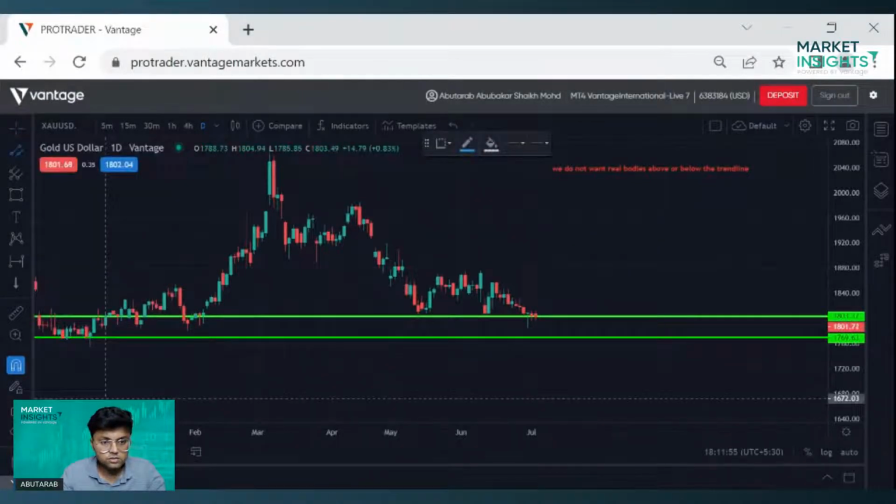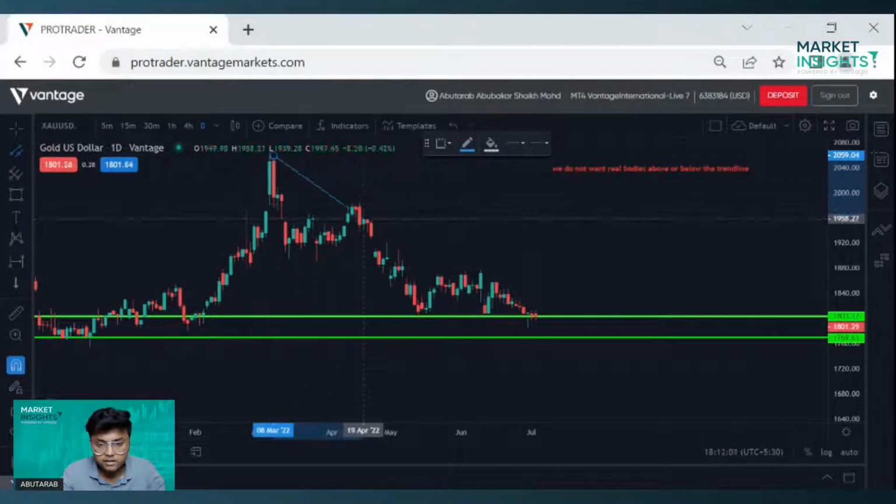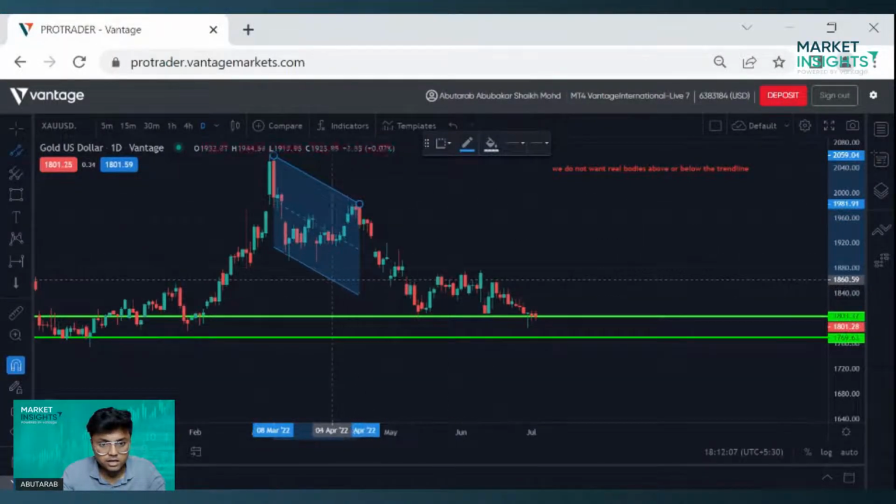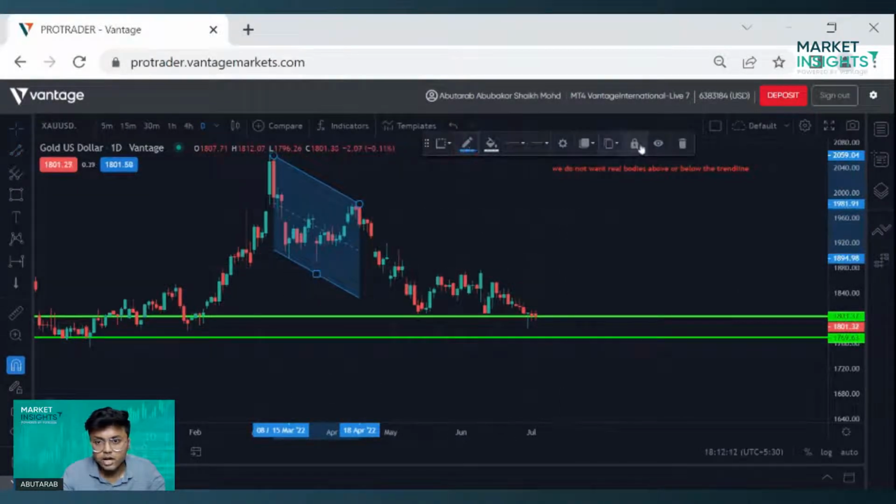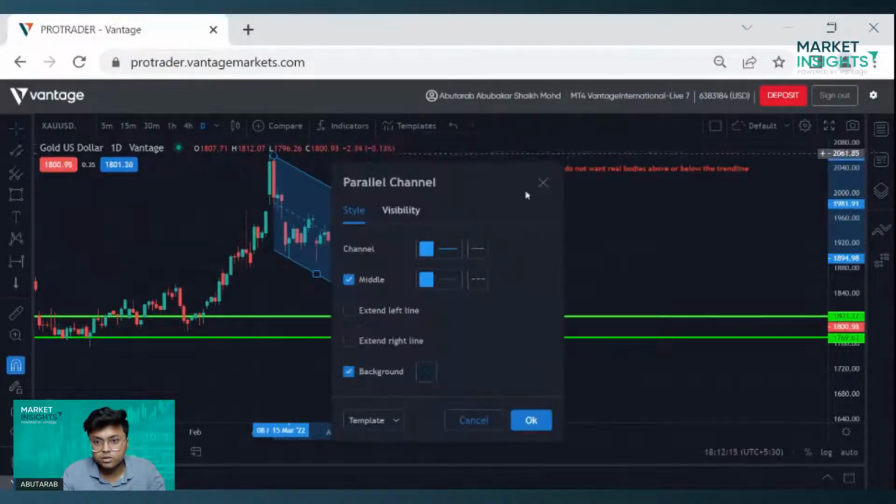You select this point, go to the high, whatever high you want, and just make a trend line, connecting two touch points and getting a confirmation back here. And just select the down point from where you need this to cover. Then go into the settings and click on extend right line.